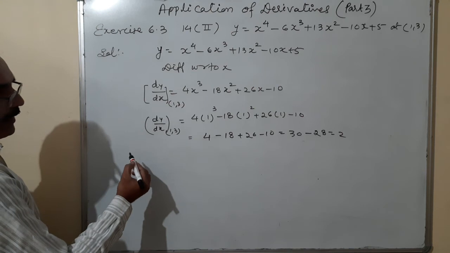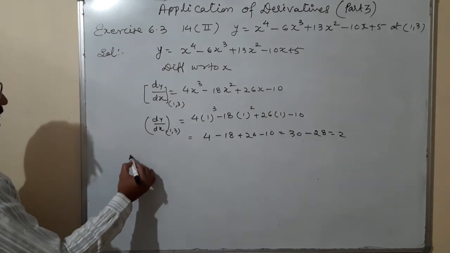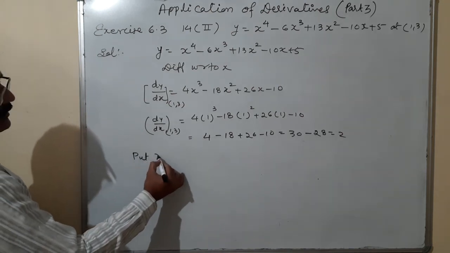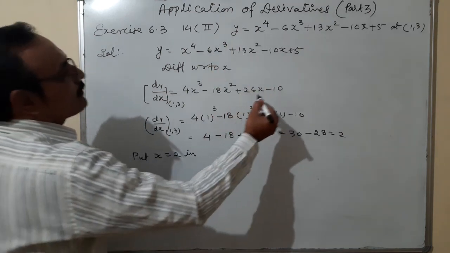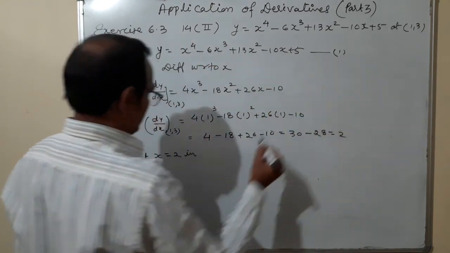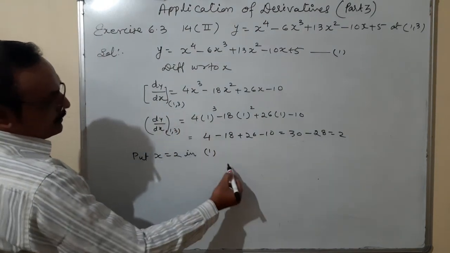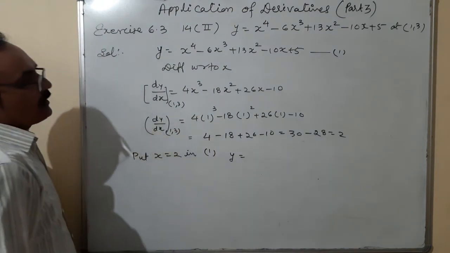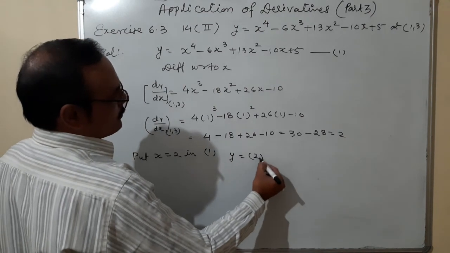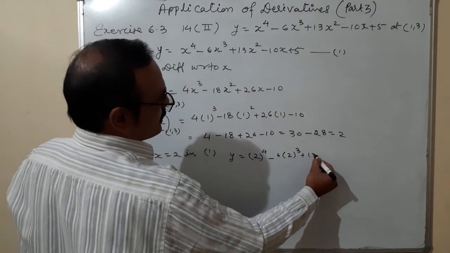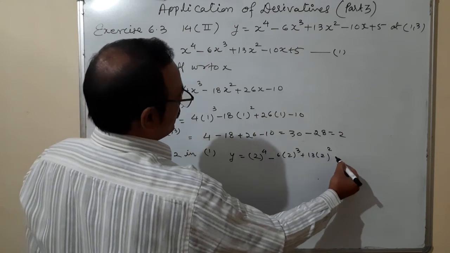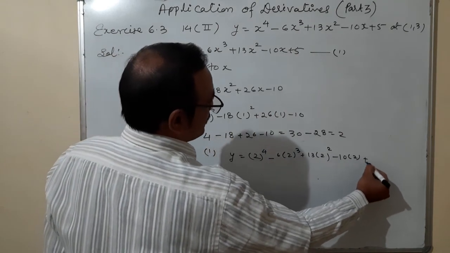Now put x is equal to 2 in equation number 1. So y is equal to 2 to the power 4 minus 6 into 2 cube plus 13 into 2 square minus 10 into 2 plus 5.